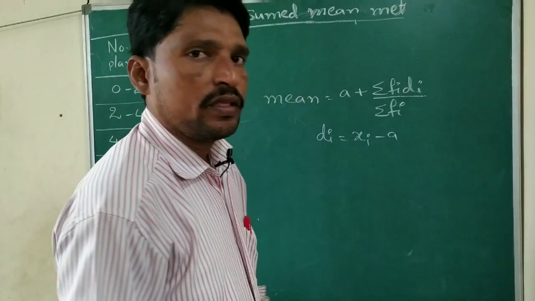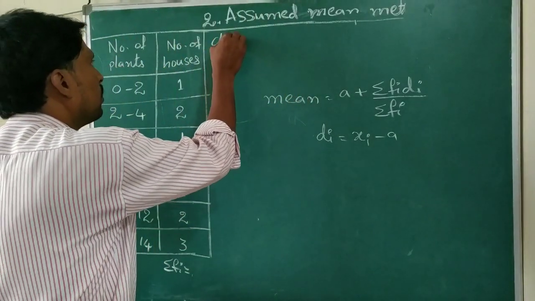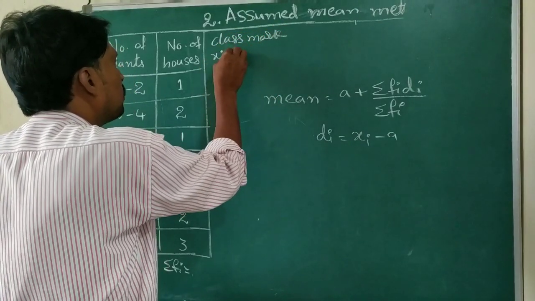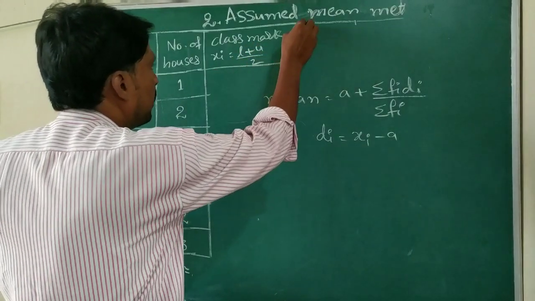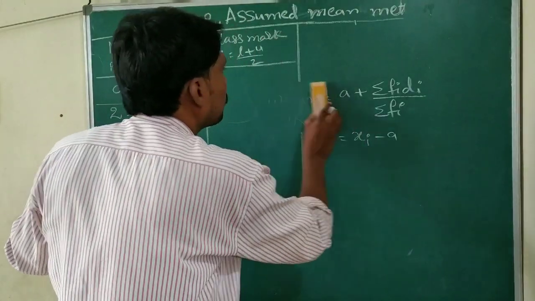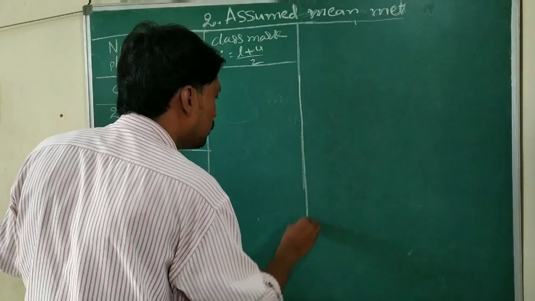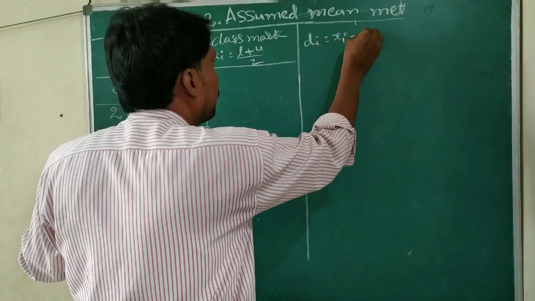Now for this data we need the class mark, xi equals L plus u by 2, and di also we need, di equals xi minus a.